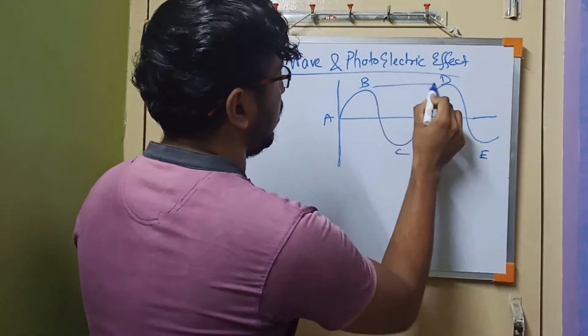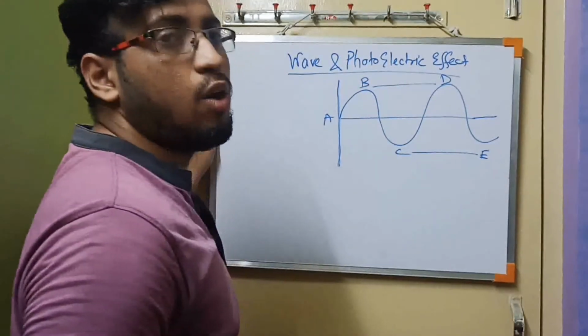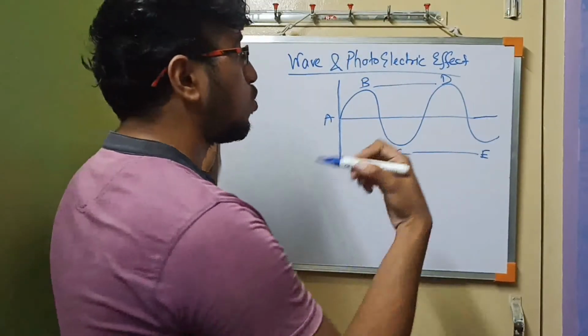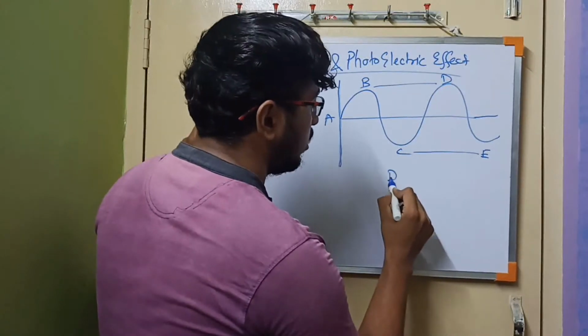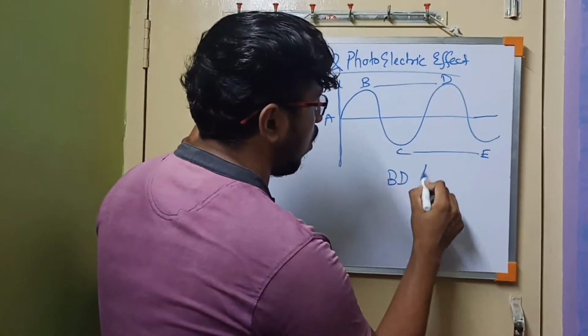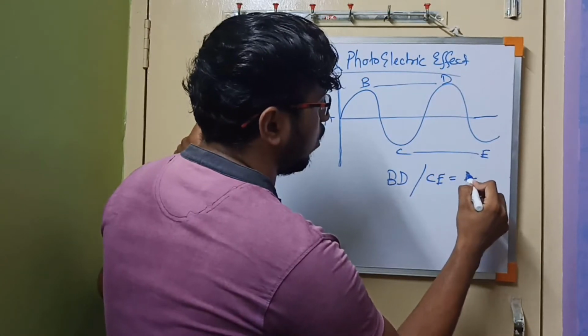The distance between BD or CE, or the distance between two troughs or two crests, is called a wavelength. That means BD or CE is equal to the wavelength, lambda.